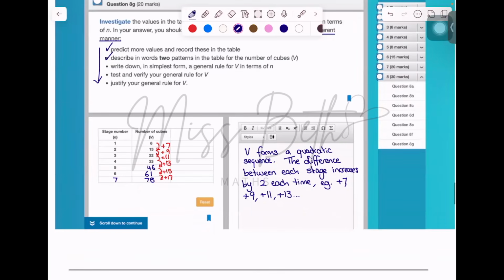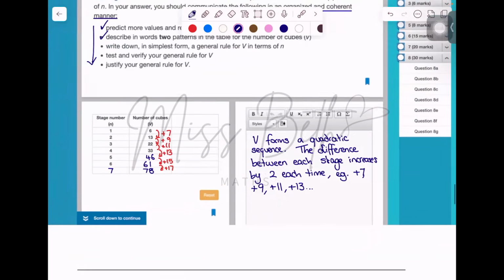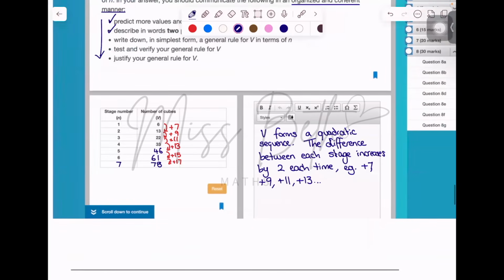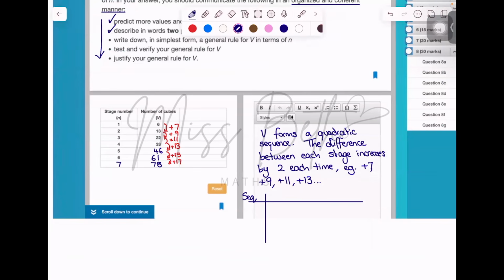Okay, on to the next part. It wants us to write down in simplest form a general rule for V in terms of n. Okay, so depending on your method and what works for you, I always use the table method. So my sequence goes at the top. So I have 6, 13, 22, 33.